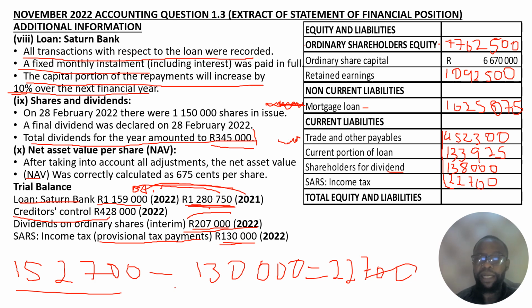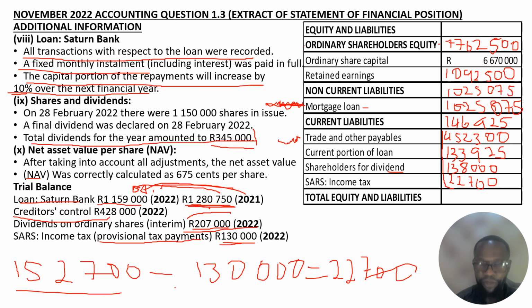So our total current liabilities is 746,925. So our non-current liabilities is this amount of 1,025,075.